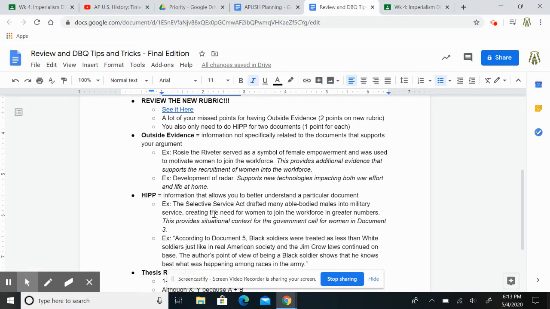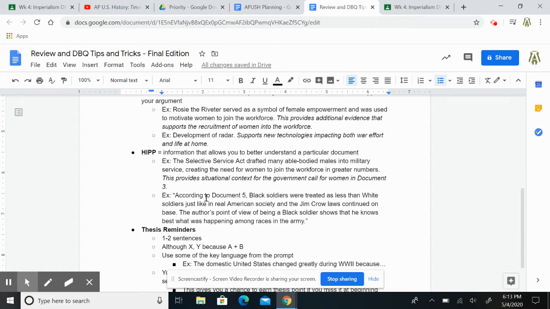That is HIP, anything directly related to the document, whereas outside evidence is going to be other things that you're pulling in supporting your argument. So it's not directly related to a document or directly related to your analysis of a document. Instead, it's additional information that supports your bigger argument. And I've got examples there related to one of our past prompts.